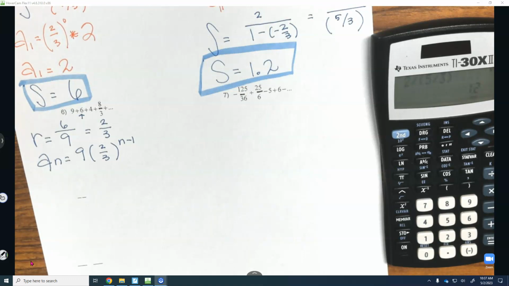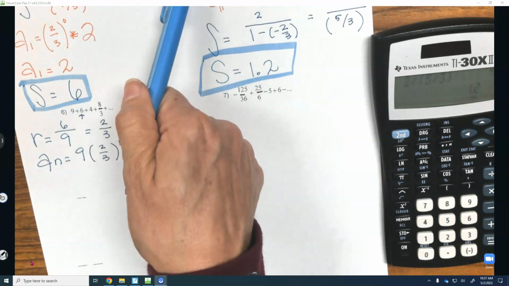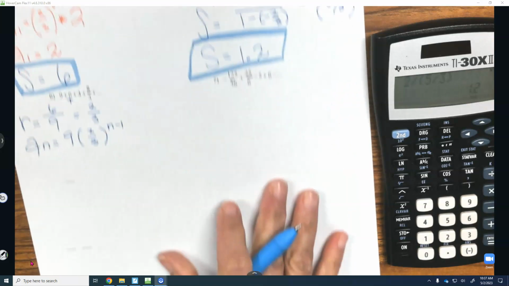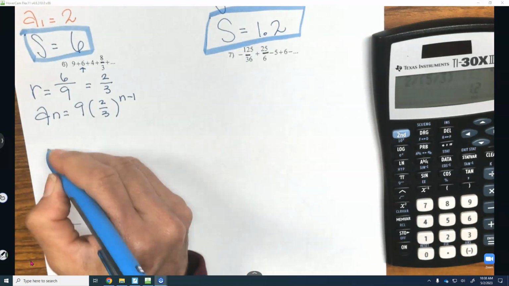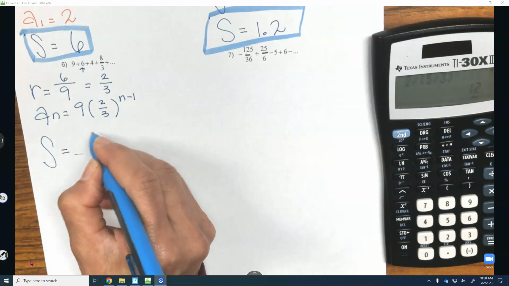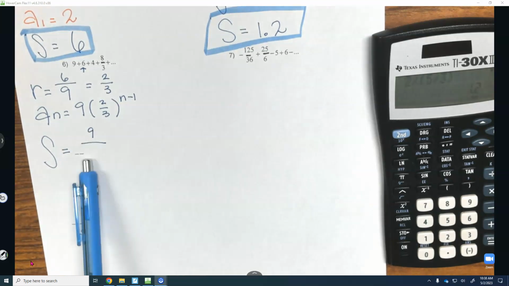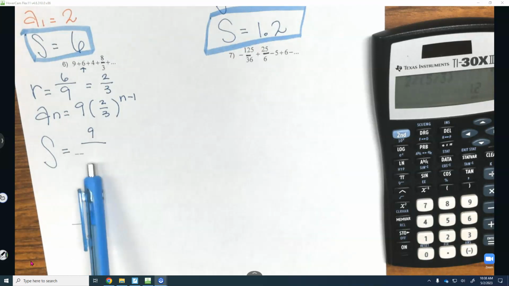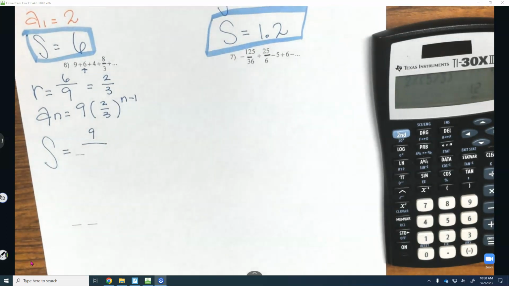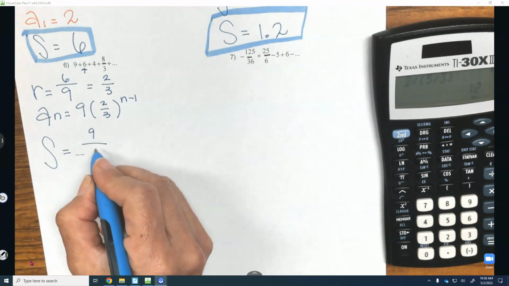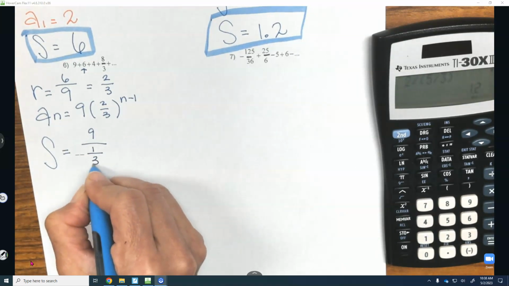However, remember, we're just going to add the infinity series on this, so we're going to be using this formula up here. A sub 1 is already given to us. It's right there at 9. So our first term is on top, and remember, underneath is 1 minus the common ratio. The common ratio is 2/3, so 1 minus 2/3 is 1/3.